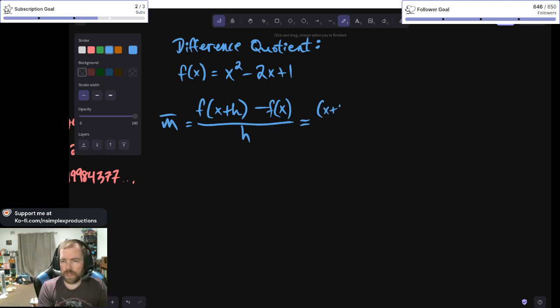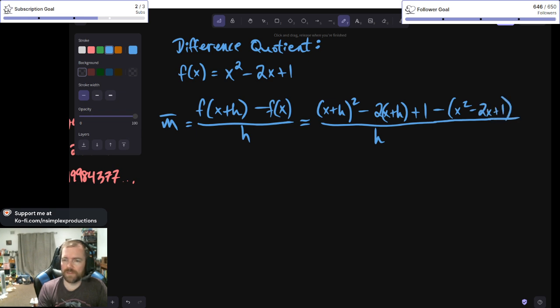This is going to end up becoming x plus h squared minus 2 parentheses x plus h plus 1 all over h, and then minus parentheses on the top, x squared minus 2x plus 1, is equal to x plus h parentheses squared is going to be x squared plus 2xh plus h squared minus 2 times the quantity x plus h is minus 2x minus 2h plus 1 minus x squared plus 2x minus 1.